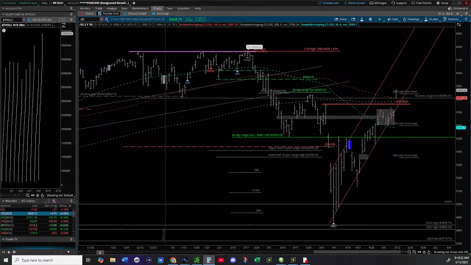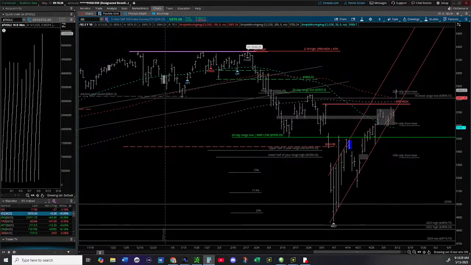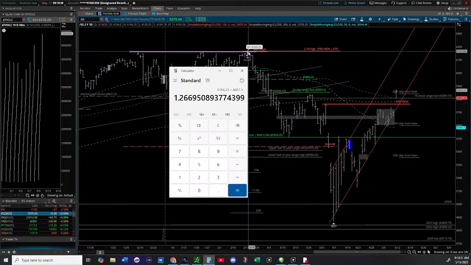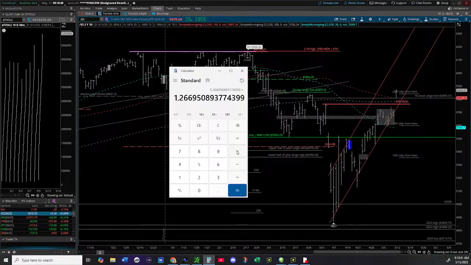Now, this break from here to here is 26%. Right? I want to know where this is. Let's do it again. Divided by 4867.